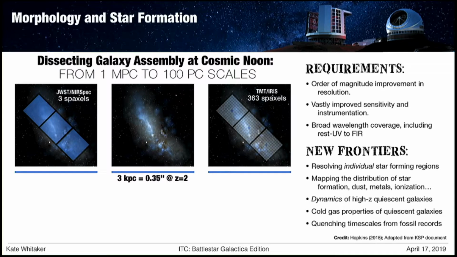And then this is showing something with TMT, so those are all individual spaxels with a 30-meter class telescope. So you can start to see, in terms of decades, the direction of where we're going. We can do now with gravitational lensing, resolving individual star-forming regions, and soon with 30-meter telescopes, we can do this for all galaxies, right? And so maybe our picture will be the same. Maybe it won't. I don't have that answer.